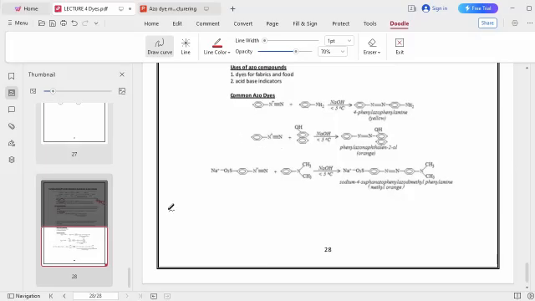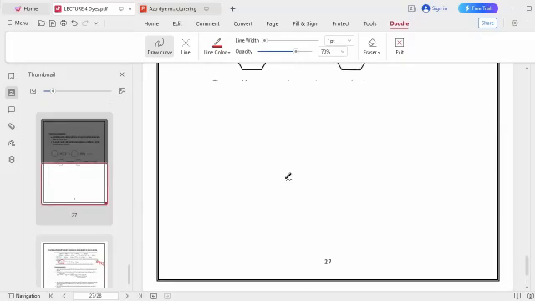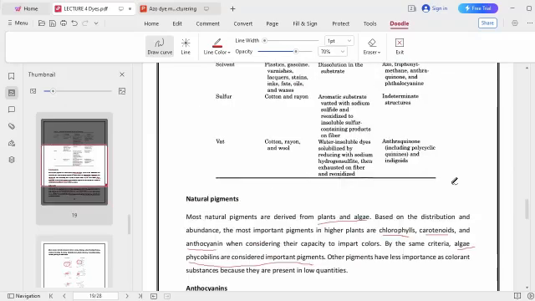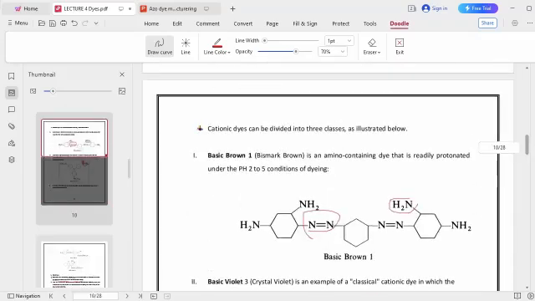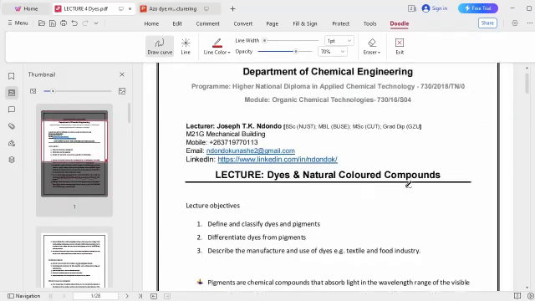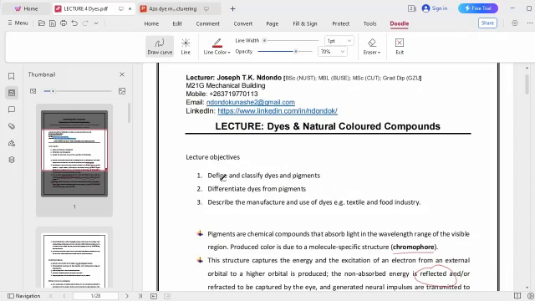So in summary, this has been a lecture on dyes and pigments. What are dyes? What are pigments? How are dyes classified? We said according to chemical structure, or according to how they are used.